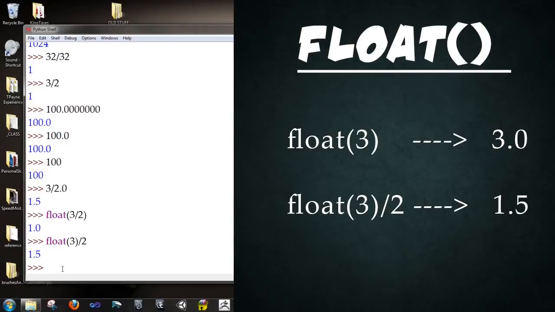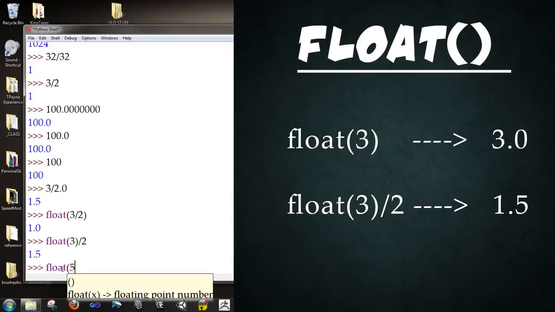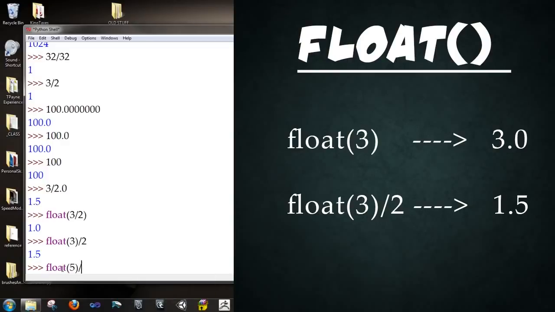It'll convert the 3 to a floating point value. So try that. Try punching in float, parentheses, 5, close parentheses, divided by 4. Enter. And now we get 1.25, which is the correct answer.